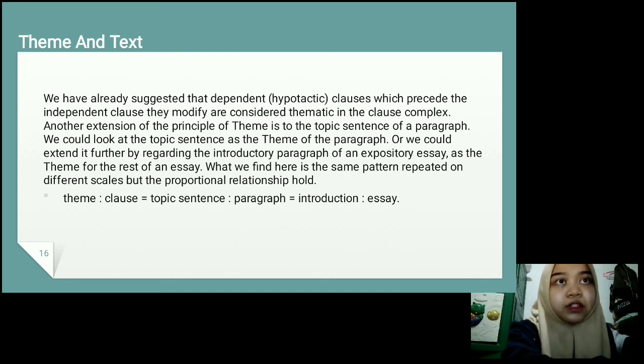We could look at the topic sentence as the theme of the paragraph, or we could extend it further by regarding the introductory paragraph of an expository essay as the theme for the rest of the essay. What we find here is the same pattern repeated on different scales, but the proportional relationship holds. Theme, clause; topic sentence, paragraph; introduction, essay.